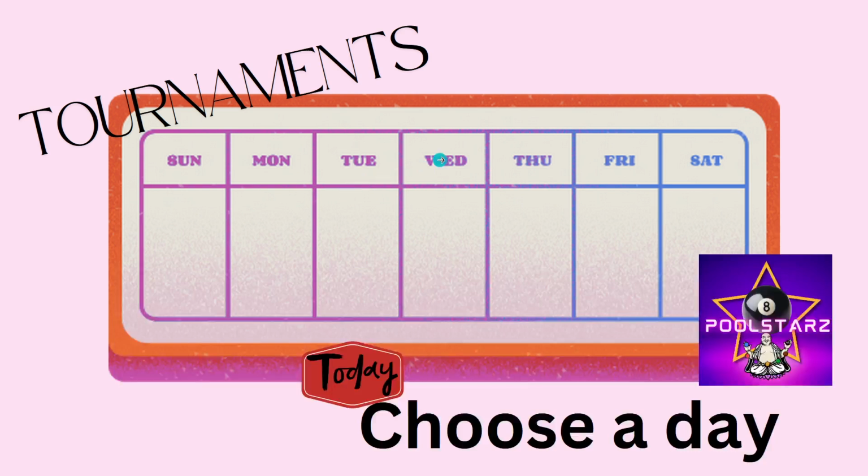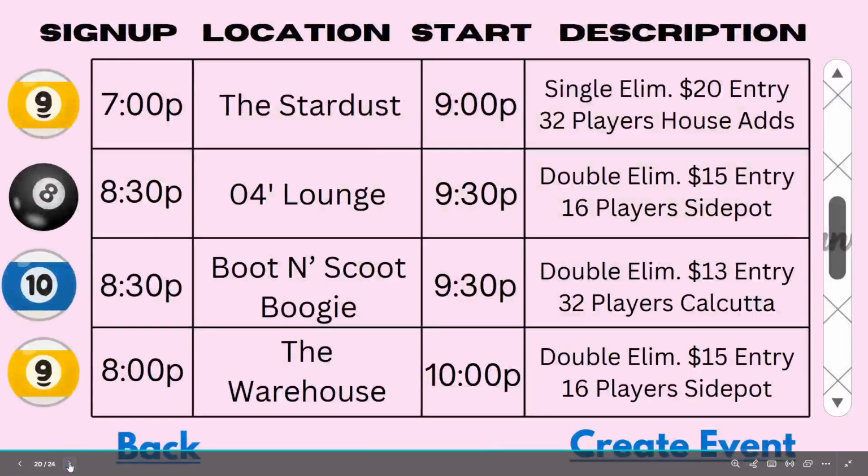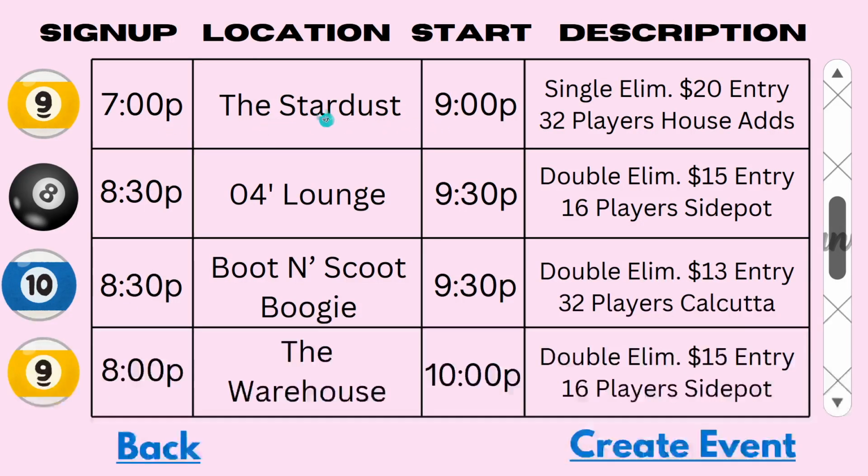Say today was Tuesday, you'd have the next successive 6 days here. Once you select a day, it would show all the tournaments within a 60-mile radius that are scheduled to be played that day.